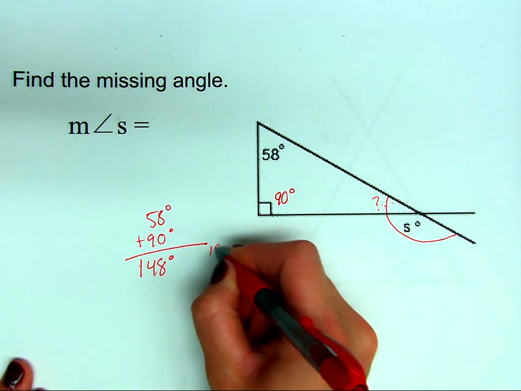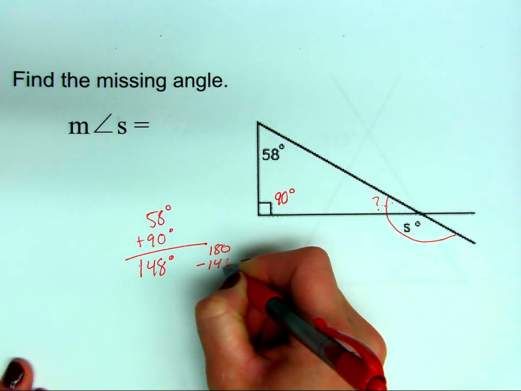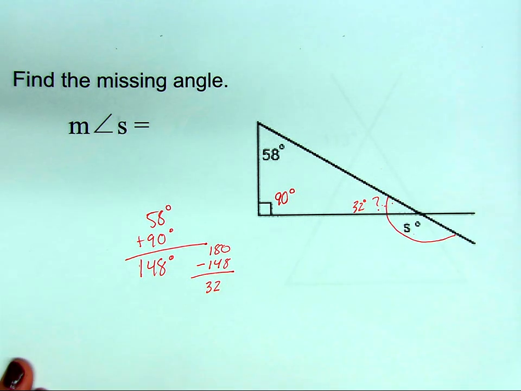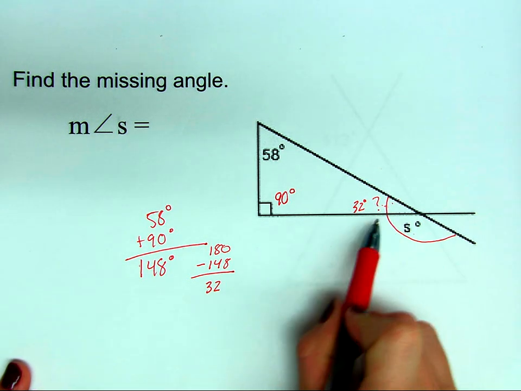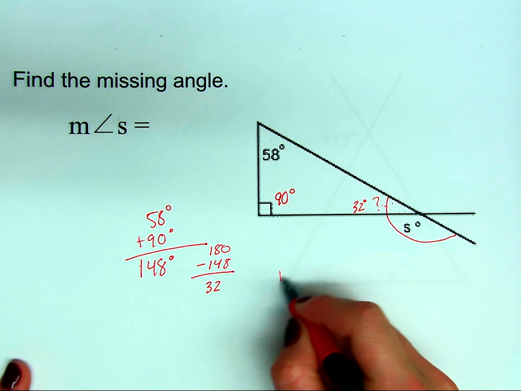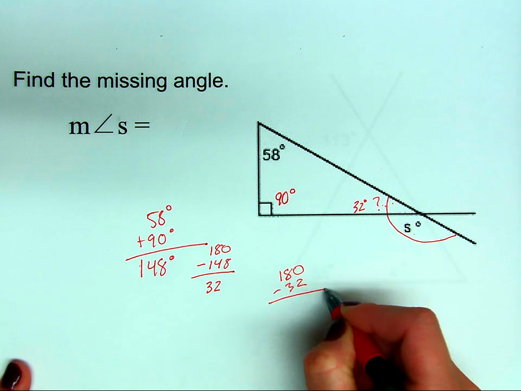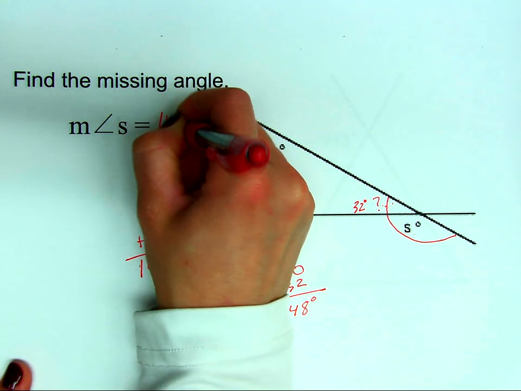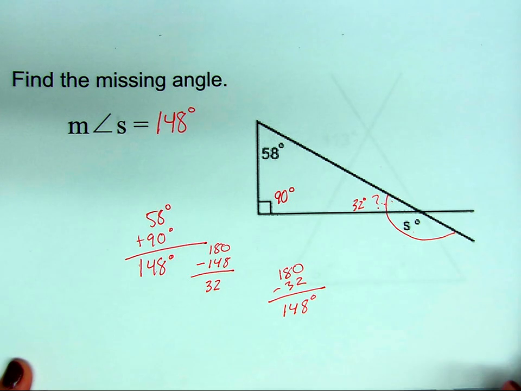When I take that away from 180, we get 32. So this angle here is 32 degrees. Then 32 and S are going to make 180. So if I take 32 away, you get your 148 degrees for the measure of angle S.